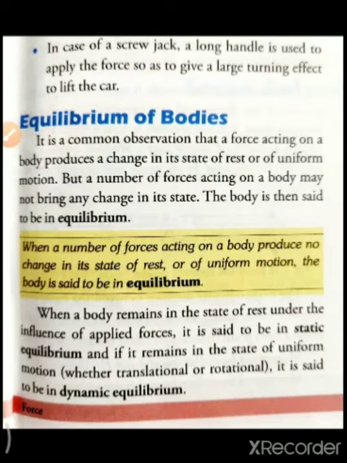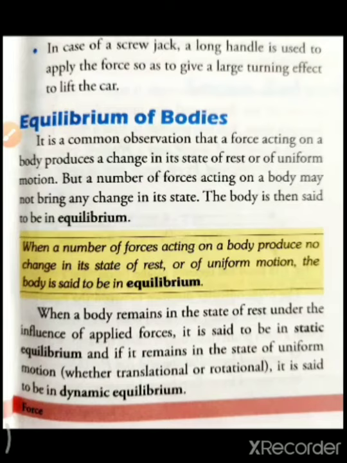Equilibrium is defined as: when a number of forces acting on a body produce no change in its state of rest or of uniform motion, the body is said to be in equilibrium. I hope you have understood.